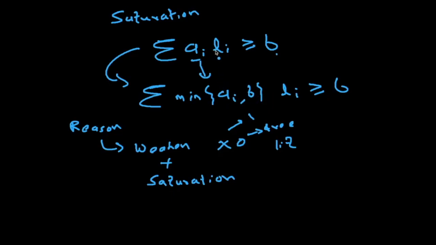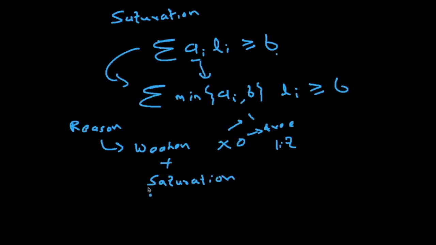Previously if this literal was 1, the entire constraint was satisfied, and here also the left hand side will become B. So if the corresponding literal is 1, the constraint is satisfied. There is no change in validity of this constraint. It is still valid, it's just a better constraint.